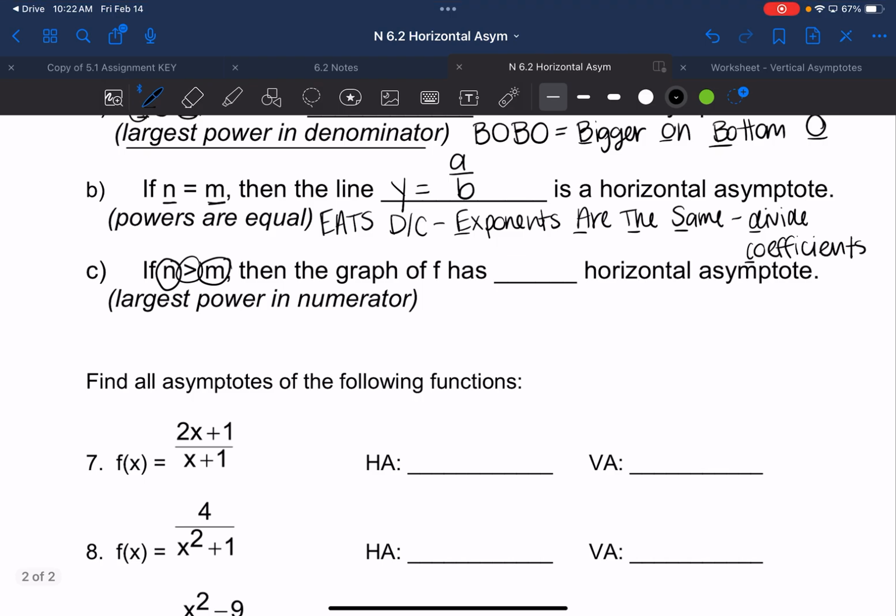So in this scenario, if the top exponent is bigger, then there will be no horizontal asymptote. Acronym for this is BOTN. This one stands for bigger on top, then we have none.